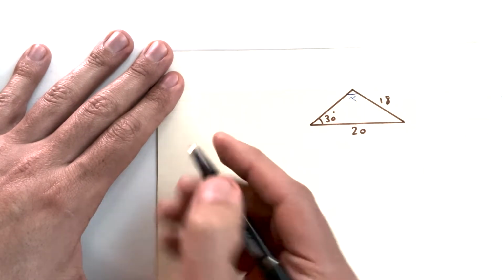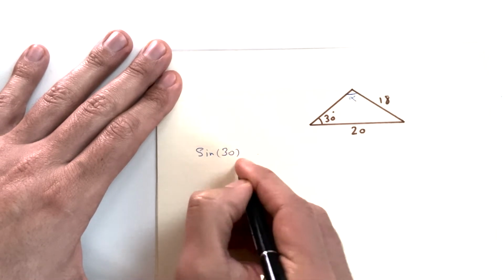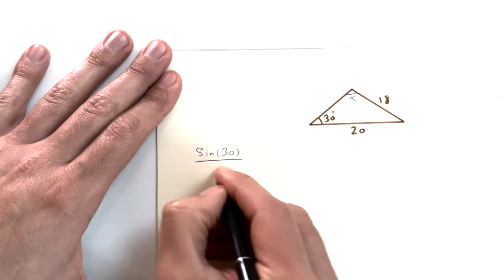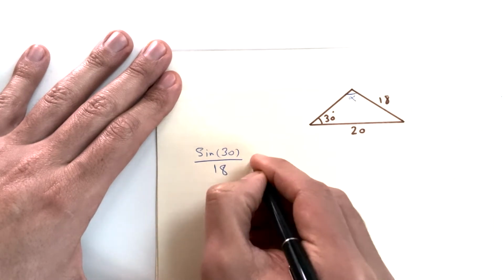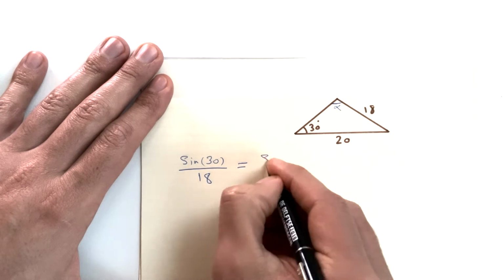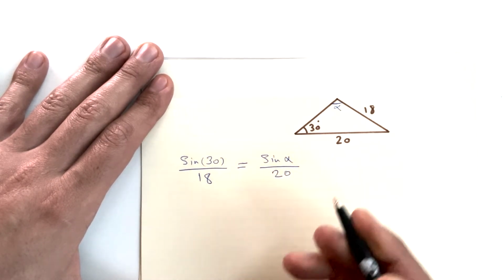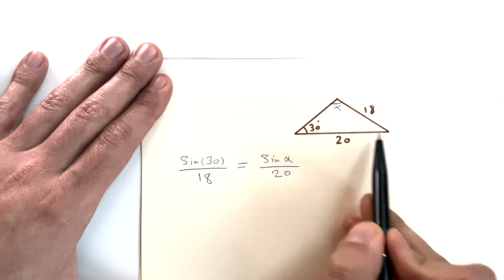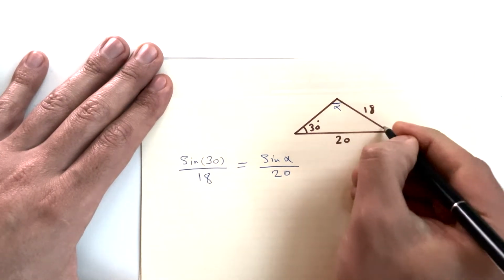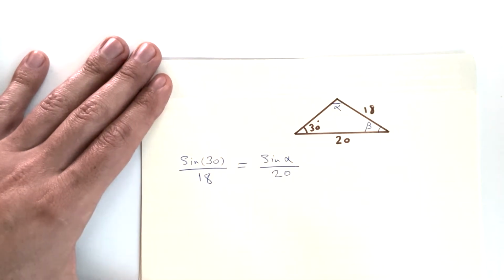Sine 30 over 18 will be equal to sine alpha over 20. If I find alpha, then I can easily find the other angle here, which I can call beta for now, right?